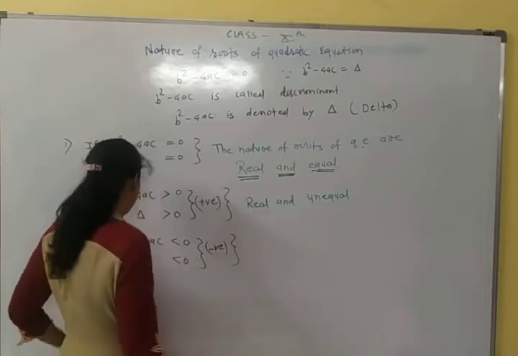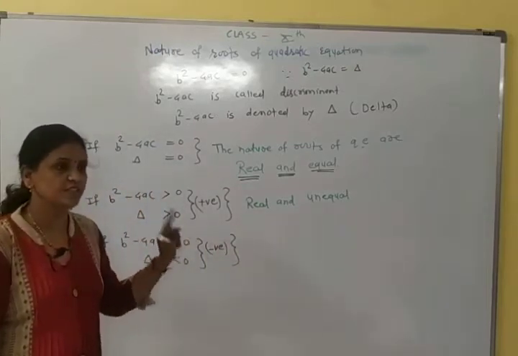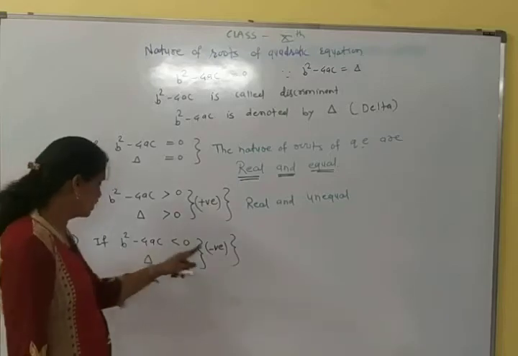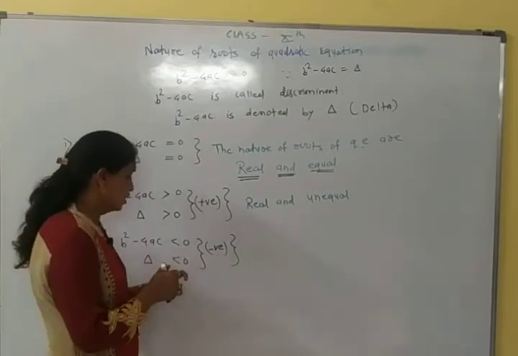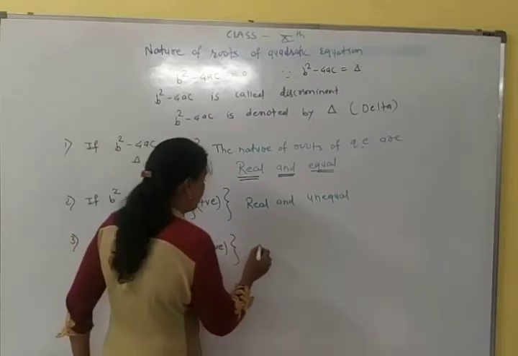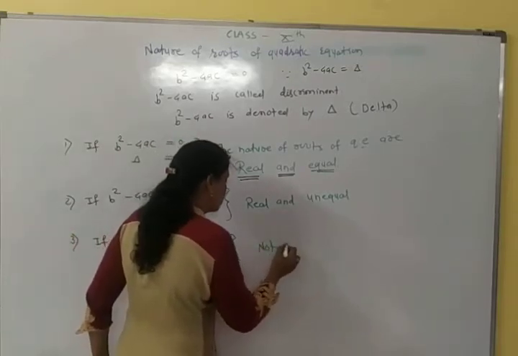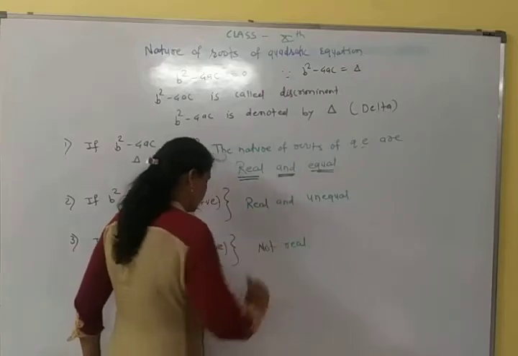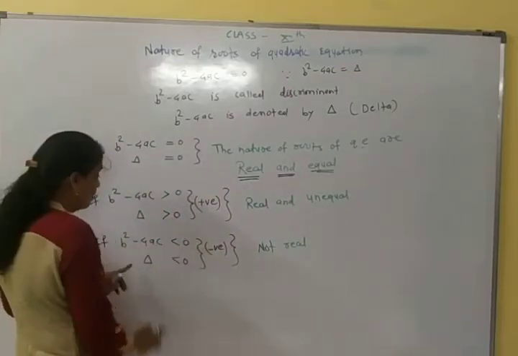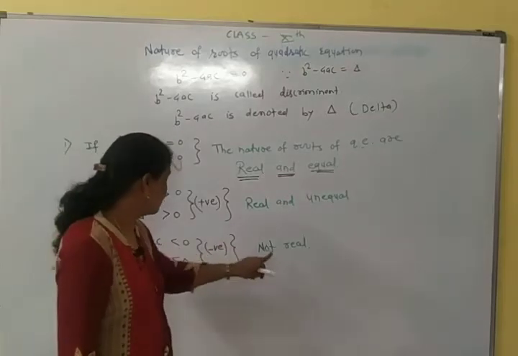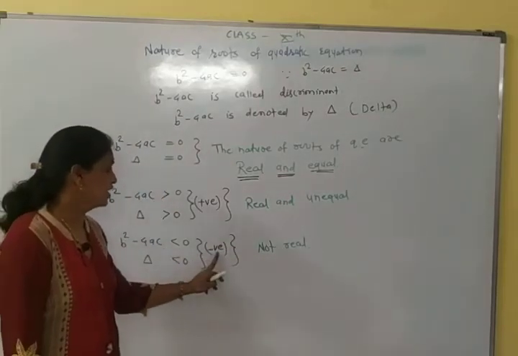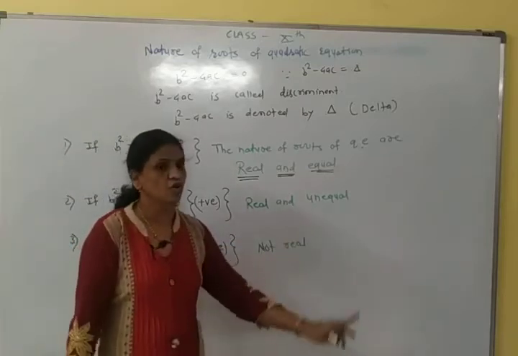If the value of b square minus 4ac is negative, then the nature of roots of quadratic equations are not real.